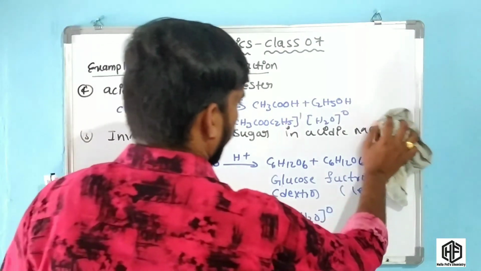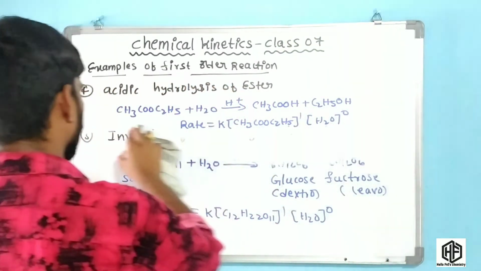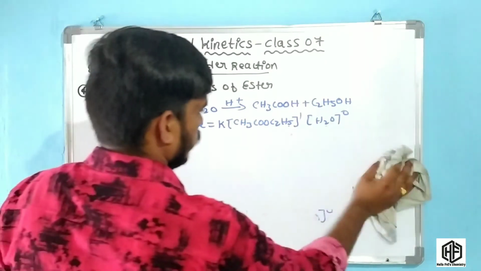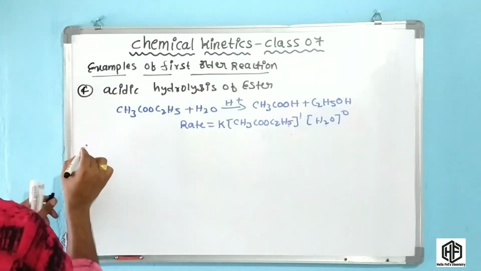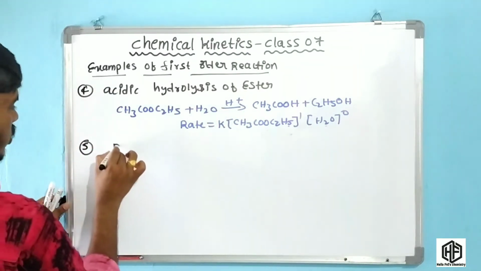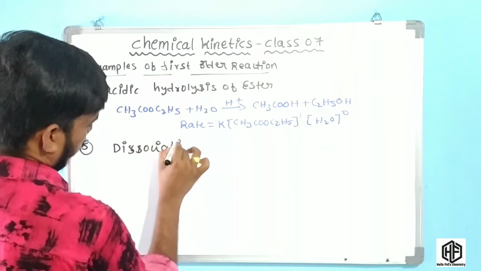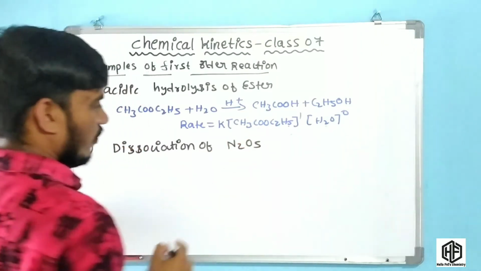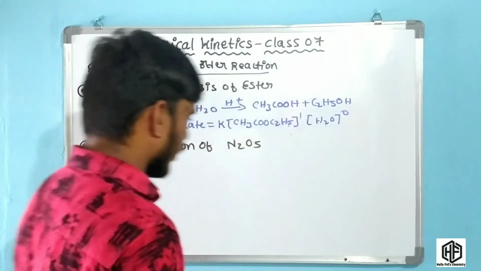And one more important example, the fifth example, is the dissociation of N2O5. Friends, dissociation of N2O5 is an example of the first order reaction.